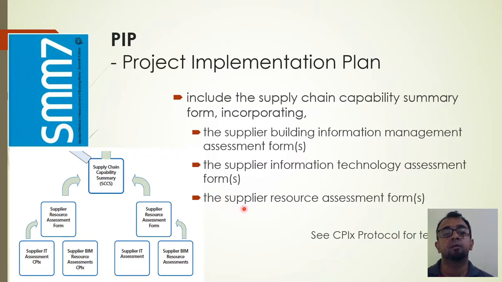So each of these documents can be filled by relevant parties, including the parties in the supply chain, and then they can be summarized by the main information supplier or the main contractor, main lead consultant, to be submitted, not yet lead consultant, but the one to be lead consultant who is bidding for the project can submit this.